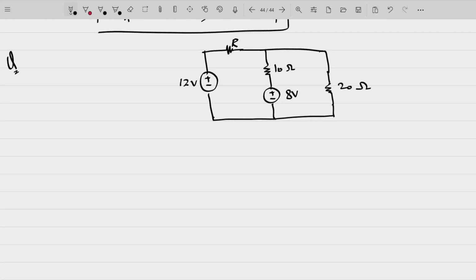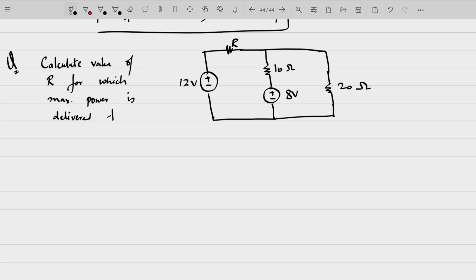Now the question here is: you have to calculate R for which maximum power is delivered to the 10 ohm resistor.